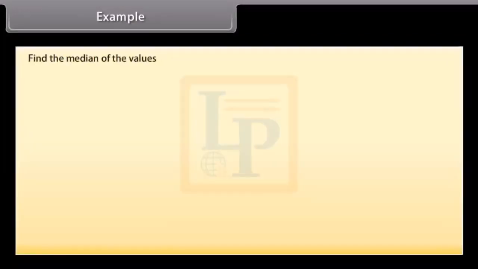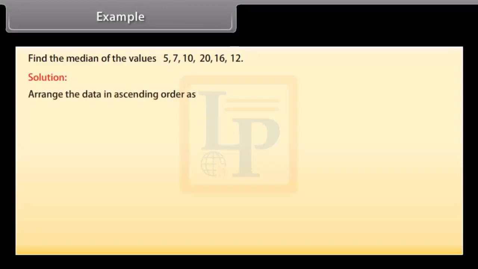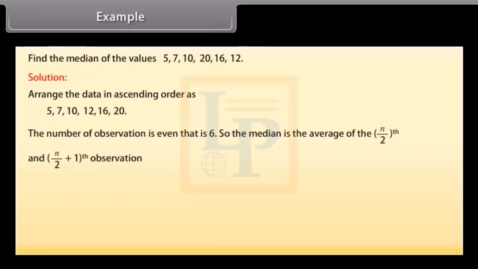Example. Find the median of the values 5, 7, 10, 20, 16, 12. Solution. Arrange the data in ascending order as 5, 7, 10, 12, 16, 20. The number of observations is even, that is 6. So the median is the average of the n by 2th and n by 2 plus 1th observation.